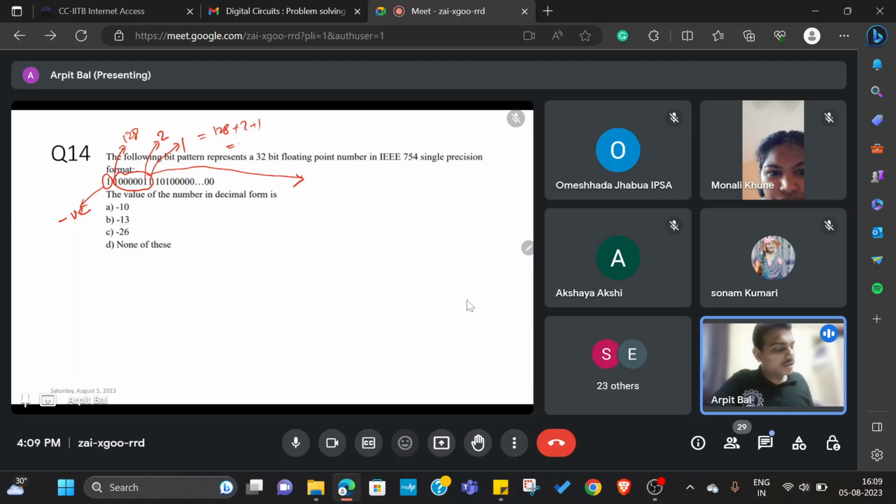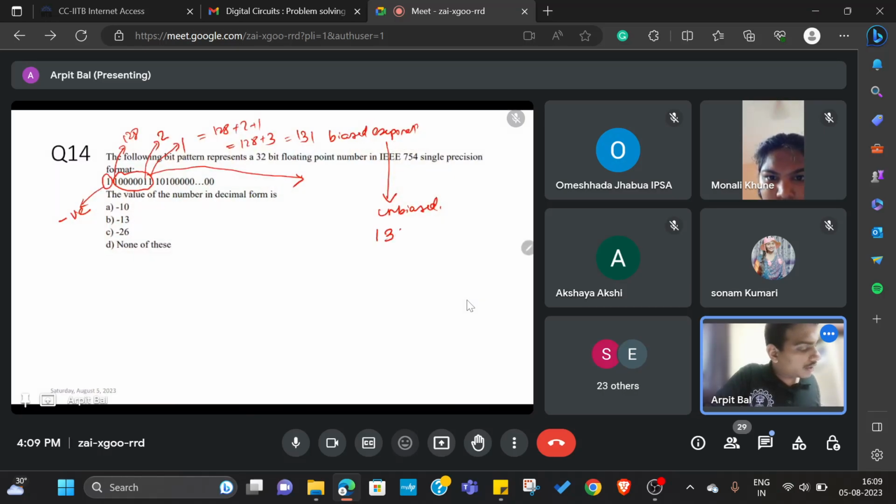This is the biased exponent. To get from biased to unbiased in the IEEE single precision format, we need to subtract 127. So we will have 131 minus 127, that is 4.